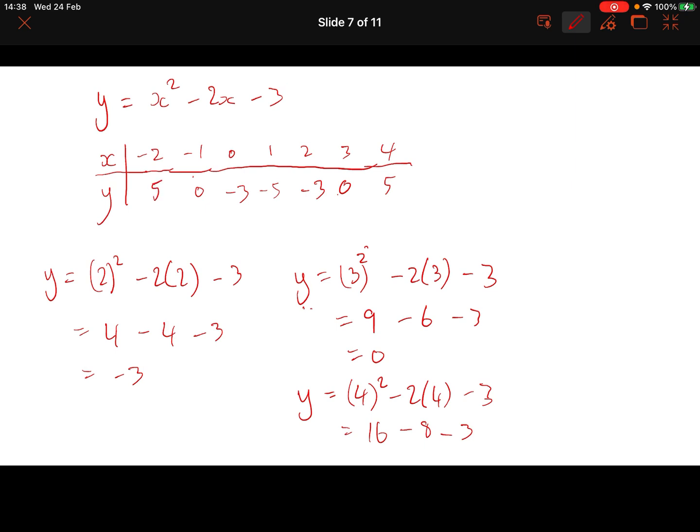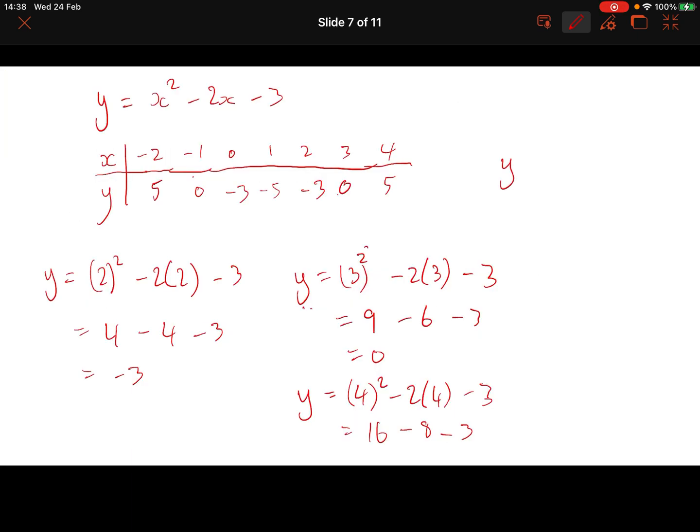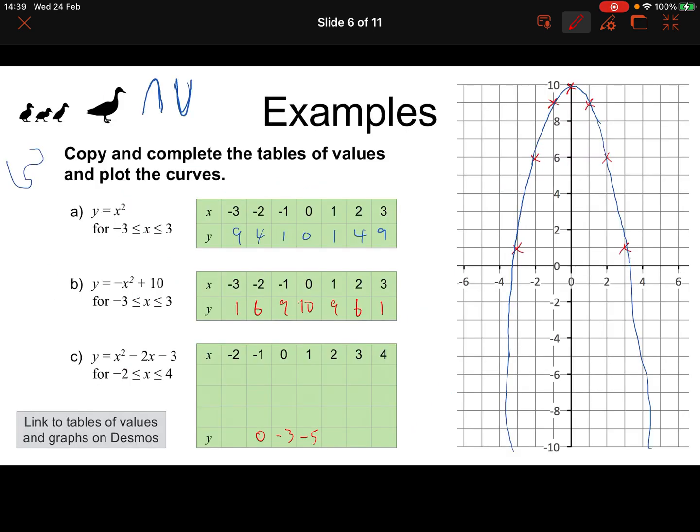I'll show you what to put in. y is equal to minus 2 squared minus 2 times minus 2 minus 3. And I bet you any money the answer comes out to be 5. But you can check that yourself. But it will be. Okay, so let's put those numbers in: minus 3, 0, 5, and 5.